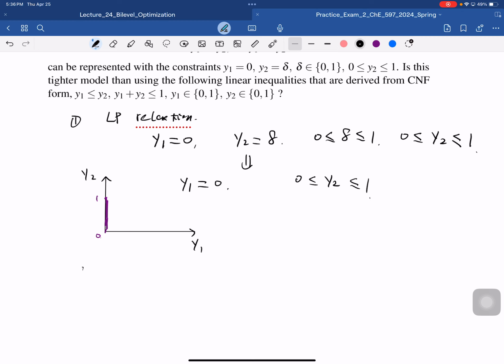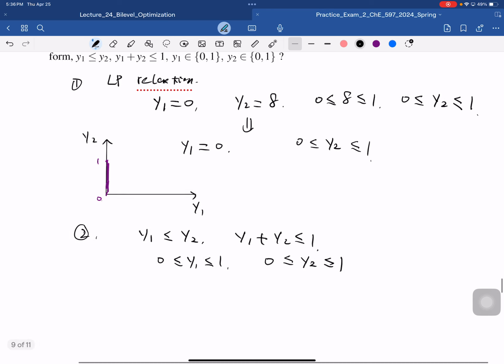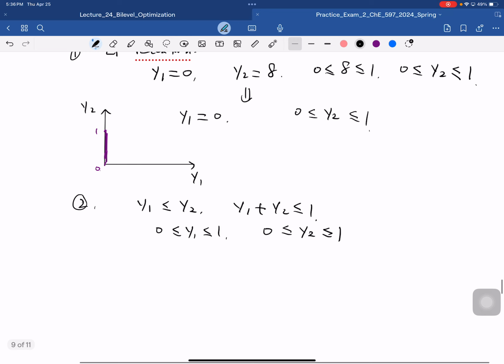Now let's consider the LP relaxation of the second formulation. It is y1 less than or equal to y2, and y1 plus y2 less than or equal to 1, and they are both between 0 and 1. So how does this feasible region look like?